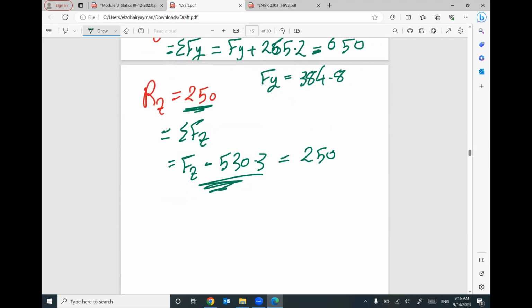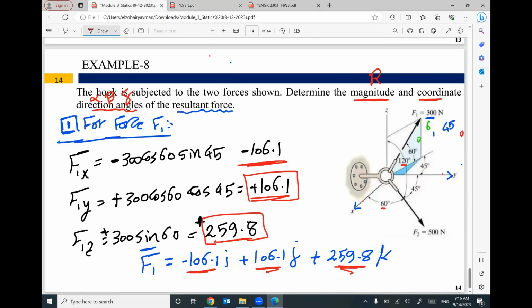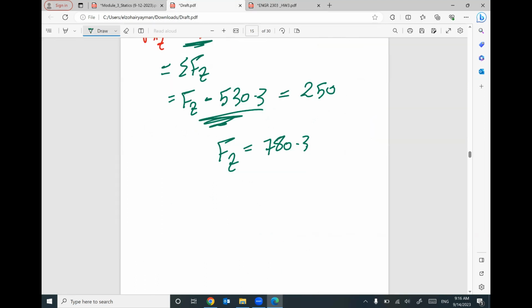So I can figure out the value of Fz. It will be something like 780.3.